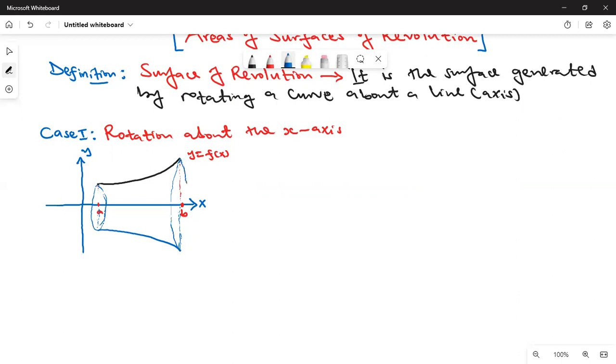So which kind of shape is this one? It looks almost like a cylinder, though the cross-section areas are not the same. The area at point A is not the same as the area at point B, but it's almost like a cylinder. So that is when you rotate about the x-axis. So this is the axis of rotation.